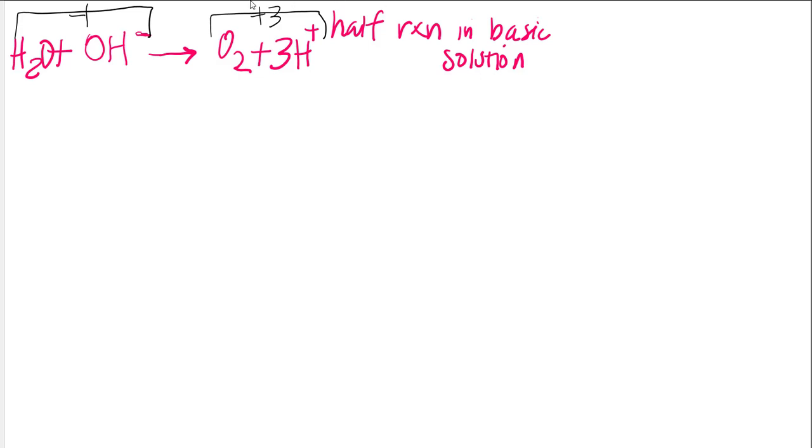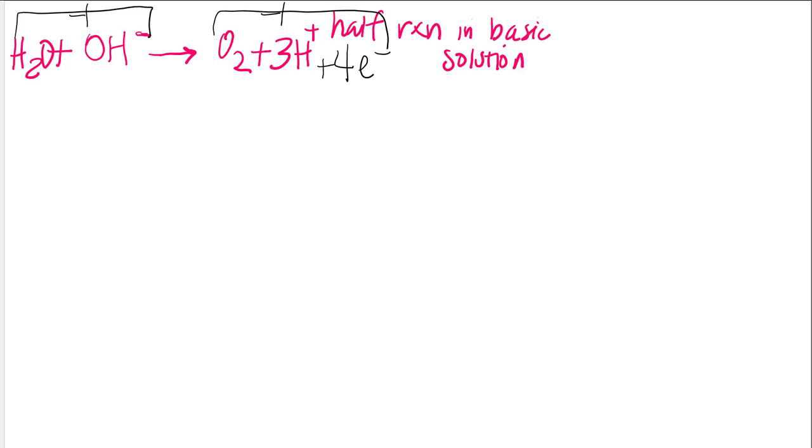And in order to get to a -1, I need to add 4 electrons to the right. Now I can look at my overall charge. 4 electrons and 3 protons gives me an overall net -1, so both sides are equal.